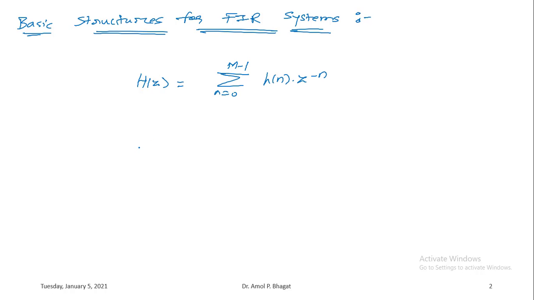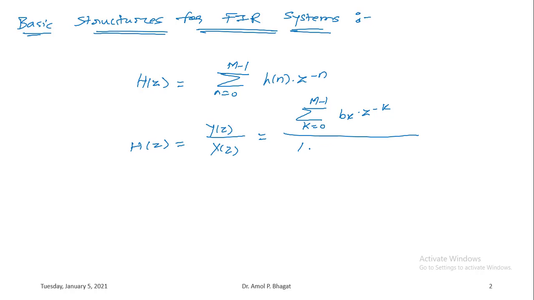So in case of IIR system, we have written this system function H of z in the form of numerator and denominator, and we have written it as Y of z upon X of z, and it has been written as summation k equals 0 to M minus 1 bk into z to the power minus k, whole upon 1 minus summation k equals 1 to N minus 1 ak into z to the power minus k, right?